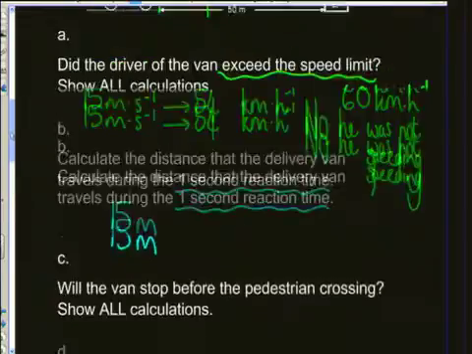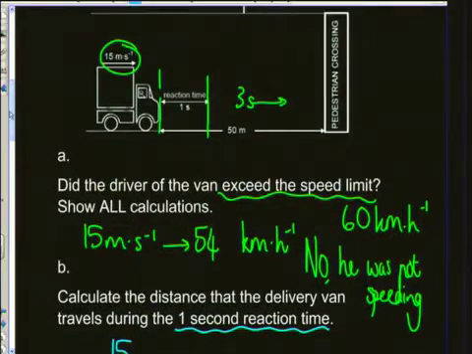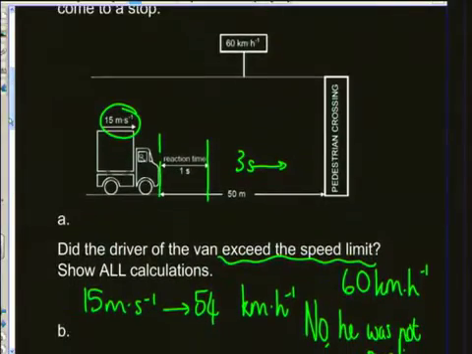Show all calculations. Now I want to go back to this picture and just write in a bit of information. So we said, okay, he's reacting. He's already taken up 15 meters. He's got, what would it be, 35 meters still to go.